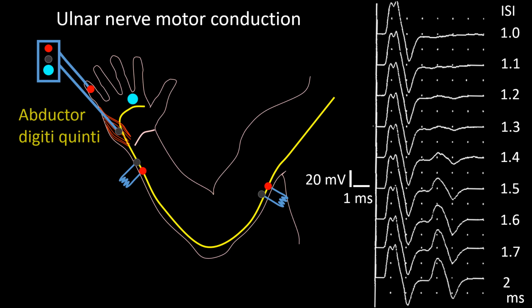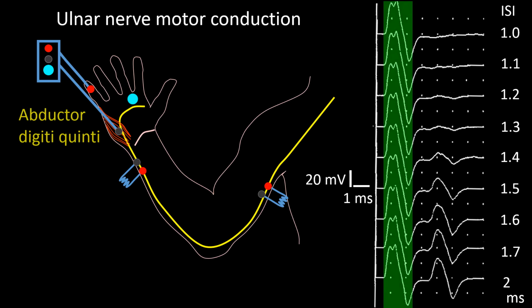The interstimulus interval establishes the time relation between the first and the second axillary stimuli and is given in milliseconds. I hope that in the next few frames, by visualizing these events, you can understand them better.